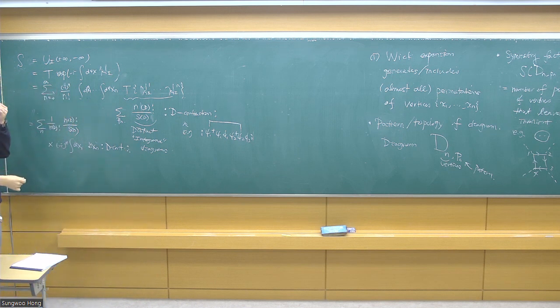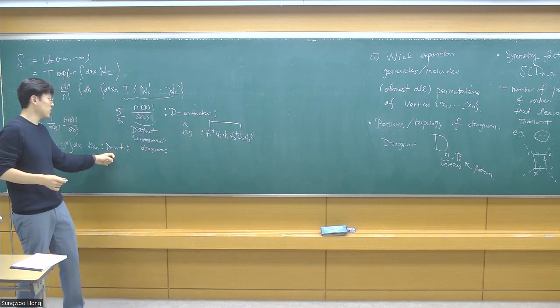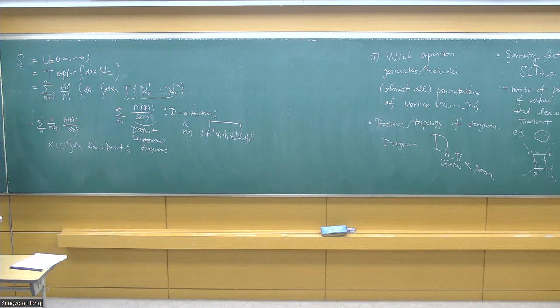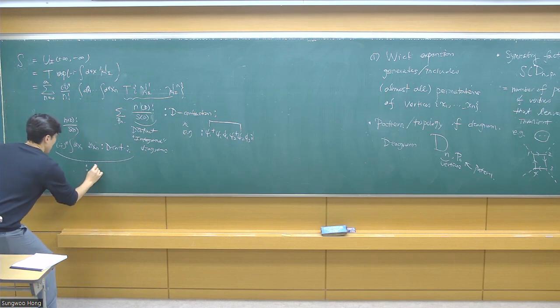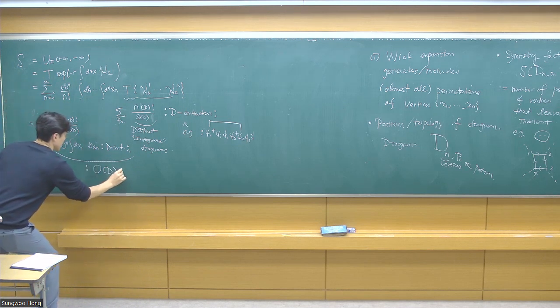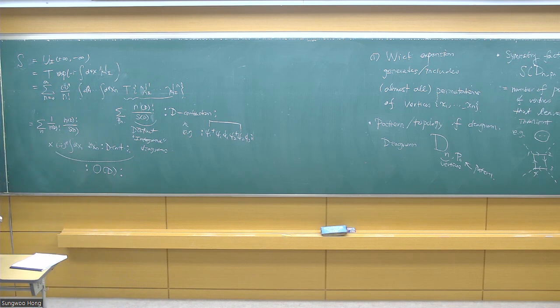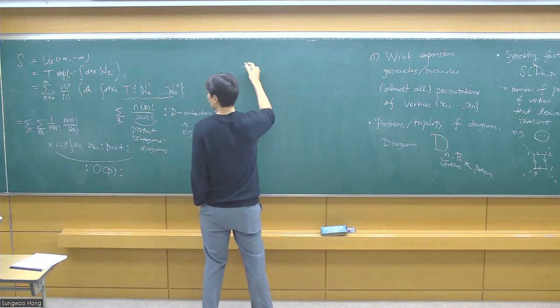So by D contraction, I mean the contraction of operators that gives rise to a particular diagram. That's what I meant. So we're gonna call this thing the operator coming from that contraction. Oh, I forgot the sum over, sorry, I forgot the sum over topology, different topologies.